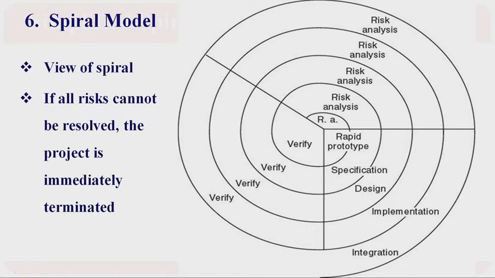Okay? And then go to the next phase, and still risk analysis first. Now, after the risk analysis, specification and verify, and the next phase, risk analysis, design and verify, and so on. So you'll find that risk analysis will take place before every phase. And once risk is found too big or cannot be solved, then the whole project should be terminated.